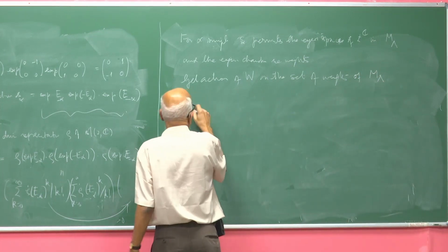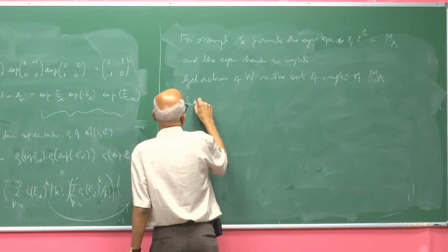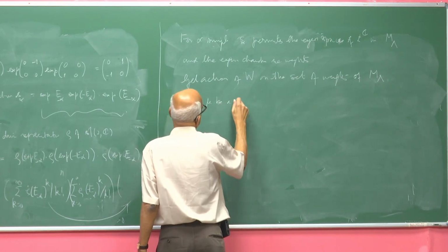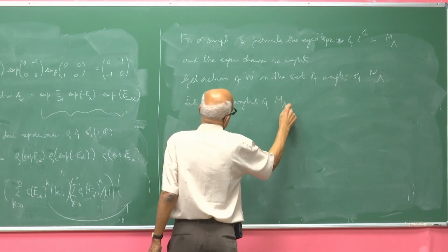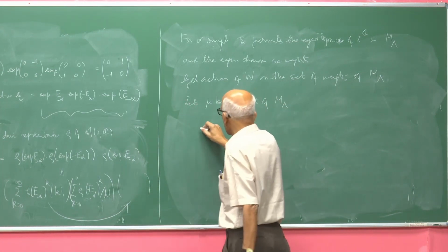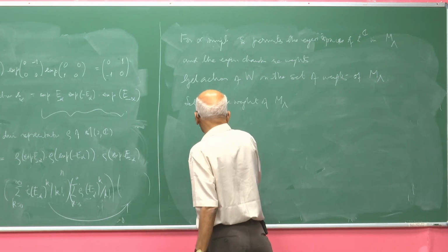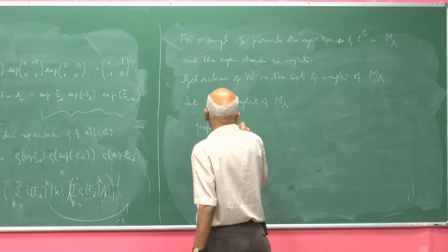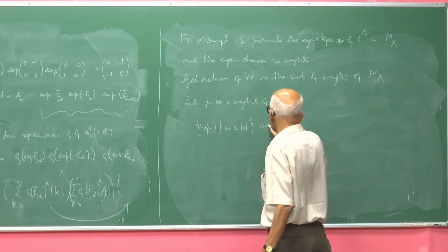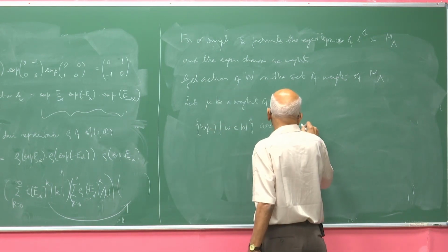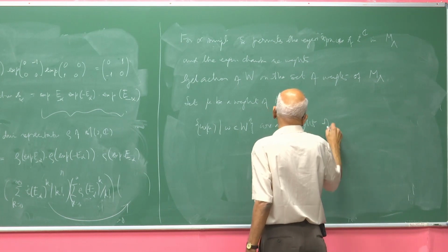Suppose you have, let mu be a weight of m lambda. Then I can look at all the weights W mu, for W in the Weyl group. They are all weights of m lambda.